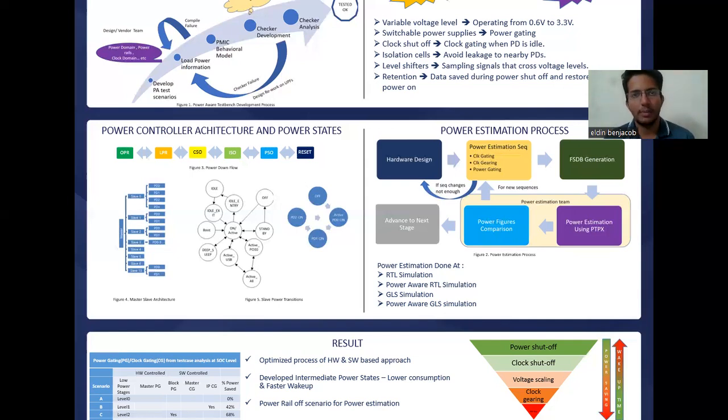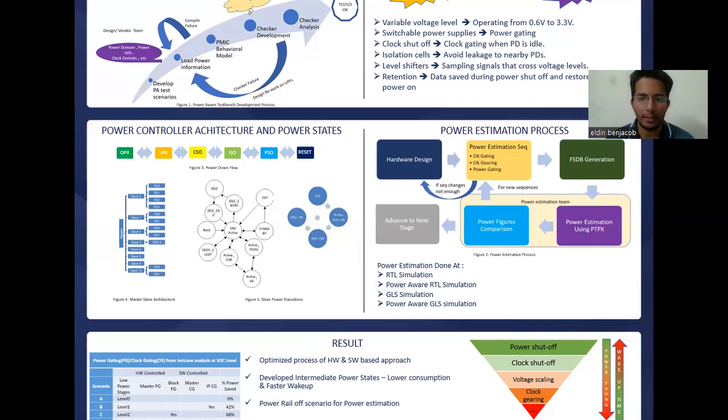Next, we will be discussing the power estimation process. Power estimation comes as a requirement from the design side. They have a power requirement for a particular module. The sequence will initially be given by the hardware team, where they will say the particular state in which the different power domains are, depending on the state values.